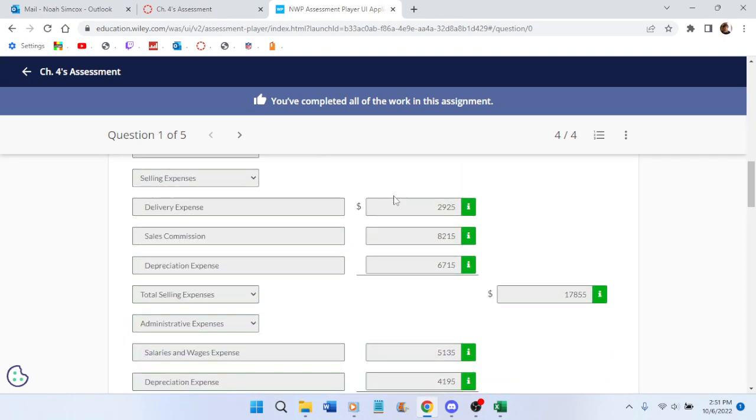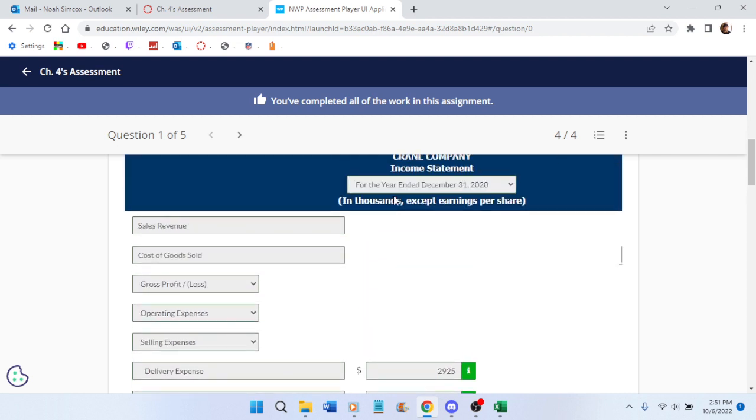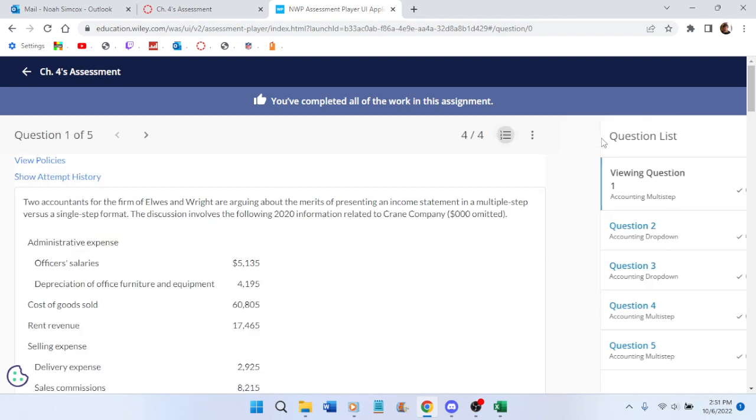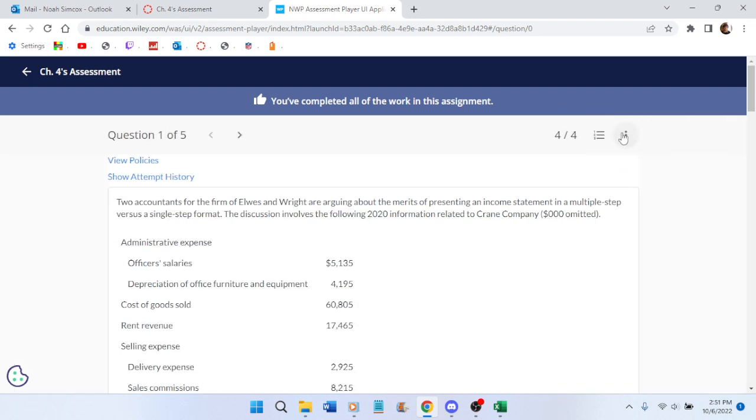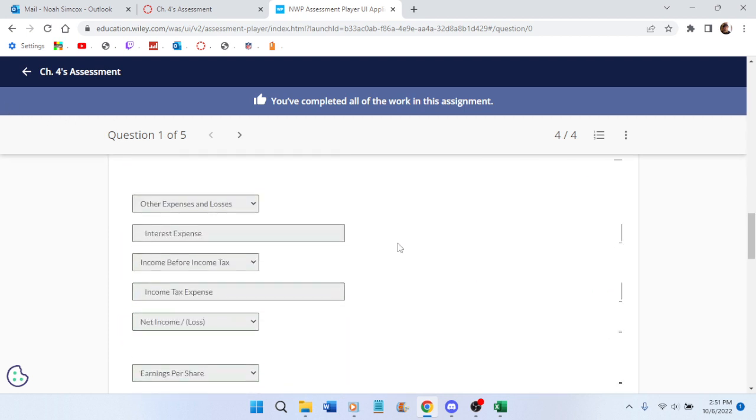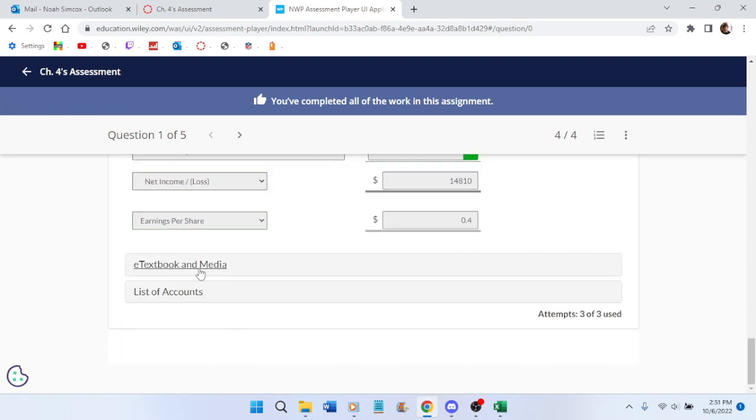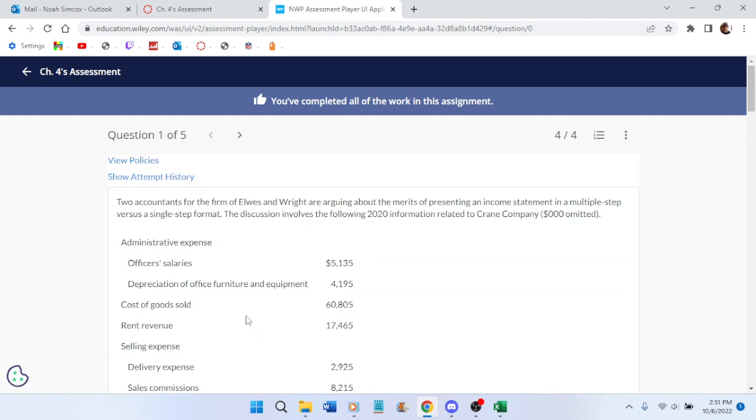This is annoying. The way they have this set up, you can't redo the question. Let me delete all the answers and do it again. Come on, man. Can't I redo the thing?